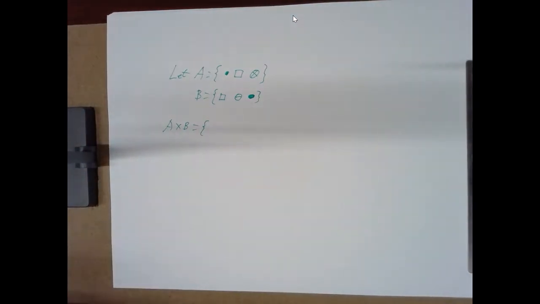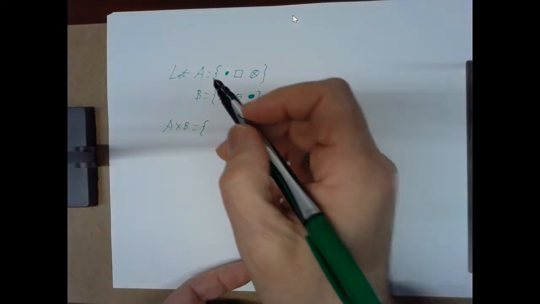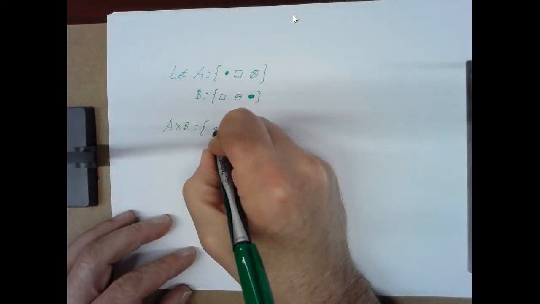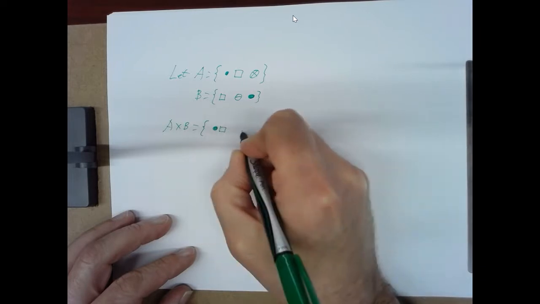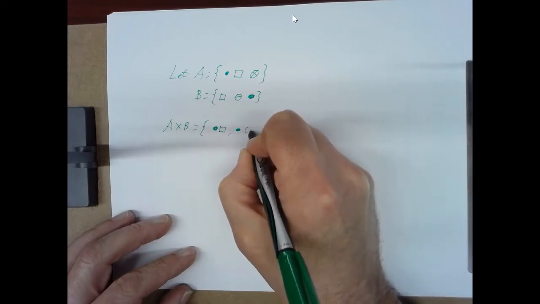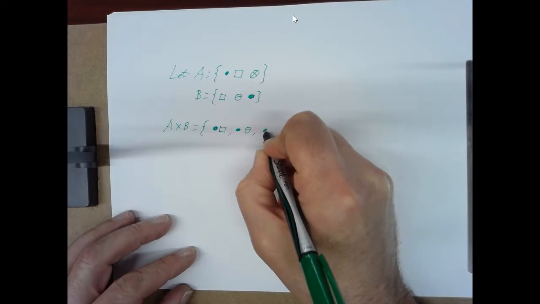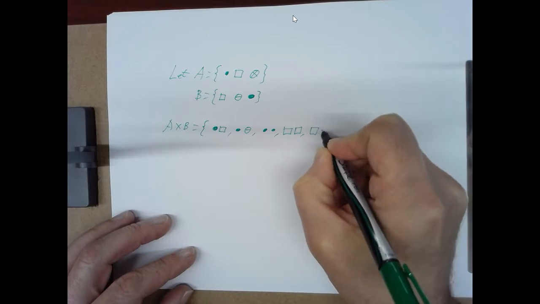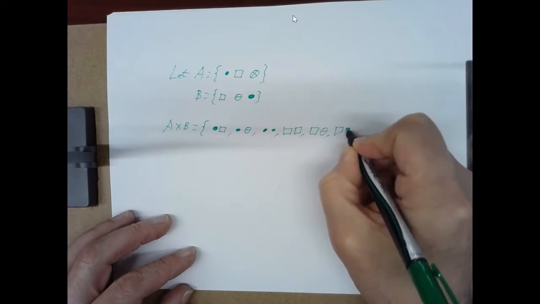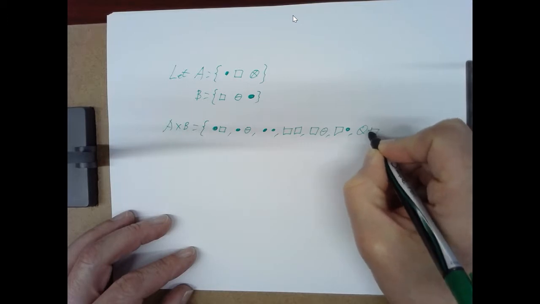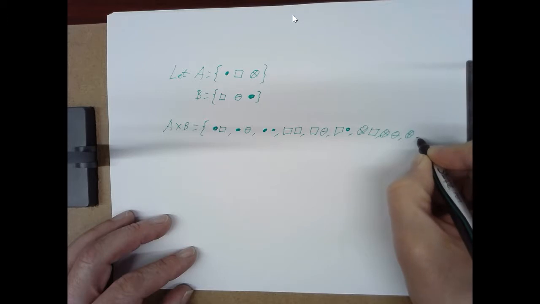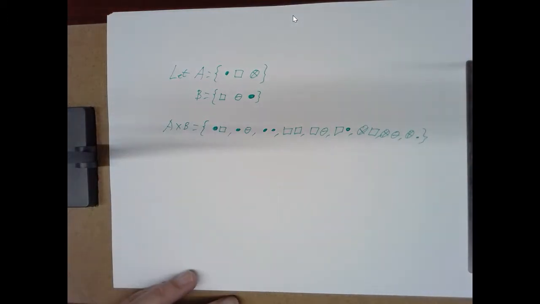So A cross B is going to be a collection of elements where each element is a tuple. First piece of the tuple comes from A, second piece comes from B, right? So it's basically all the combinations. Right, like that.